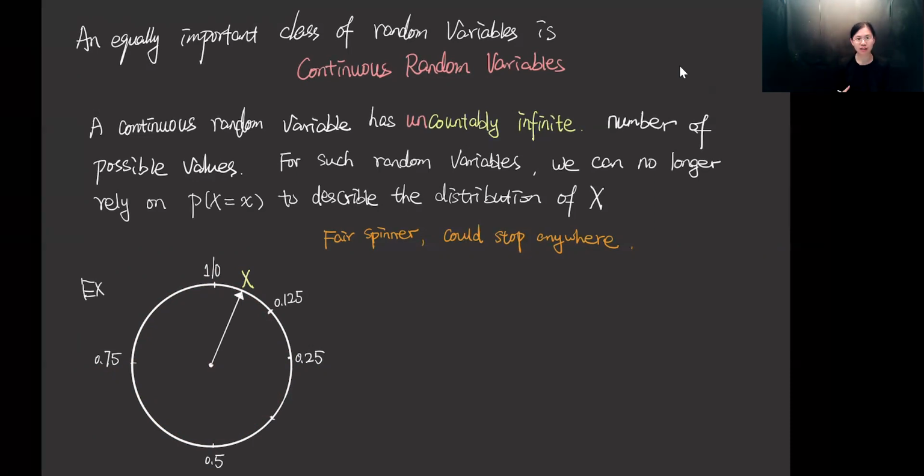And there are an uncountably infinite number of points on this circle. So X could take any value in this uncountably infinite set. In fact, this set of possible values is the interval 0 to 1.